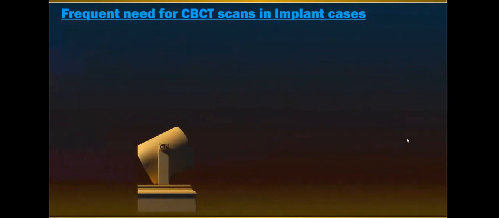So the question is, how important is the CBCT for implantologists? Or in other words, if you have an imaging center, what percent of referrals come for the sake of implant analysis?